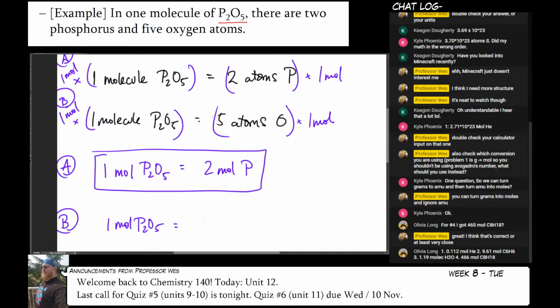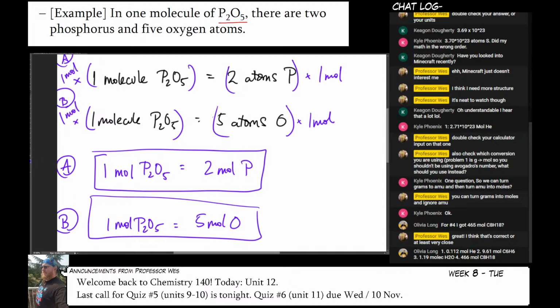And then 5 atoms times a mole is 5 moles. And so what we have done is we've related the whole molecule to its parts. So if I gave you 1 mole of P2O5, there would be 2 moles of phosphorus in there. And that makes sense, right?